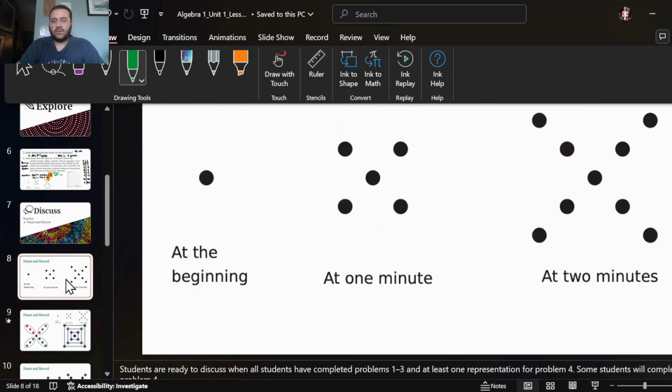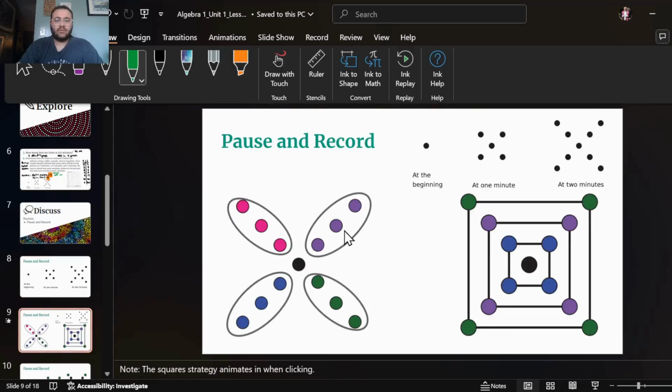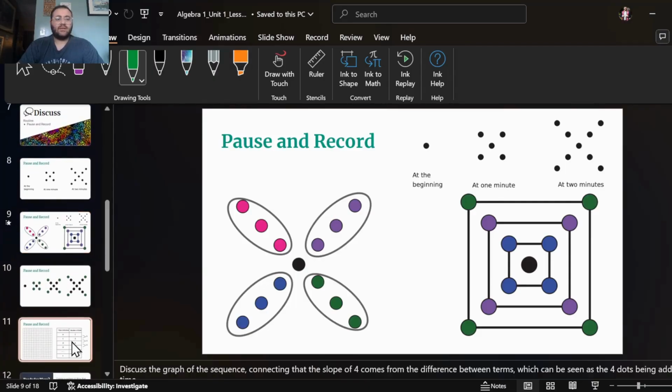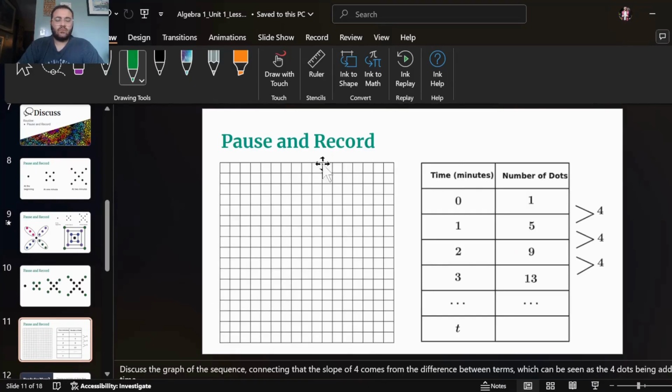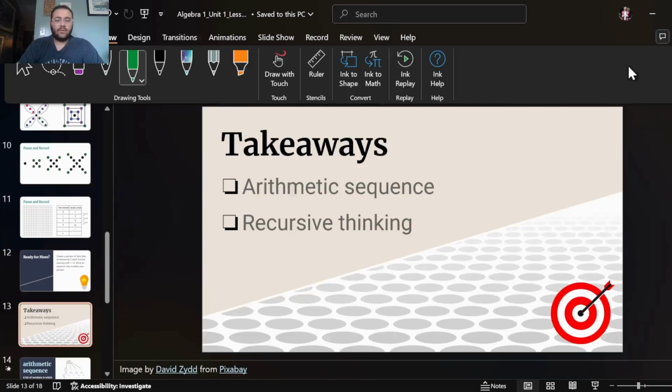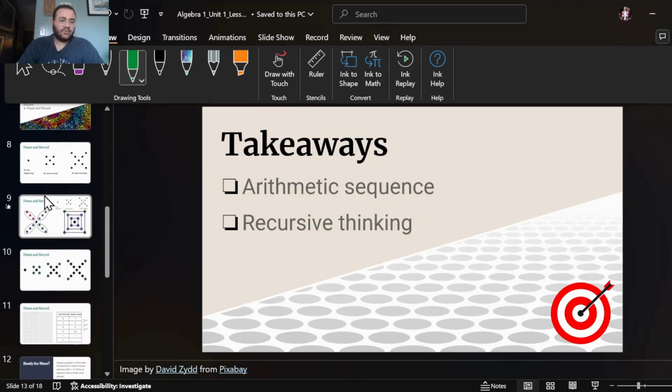So students have the opportunity to discuss their patterns. These are the 2 that I already mentioned. Okay, and then they would pause and record. Students can graph this on their workbook and show that the common difference here is plus 4. Some takeaways can be recorded here for arithmetic sequences, which this is because we're adding 4, and recursive thinking, that recursive equation, right?